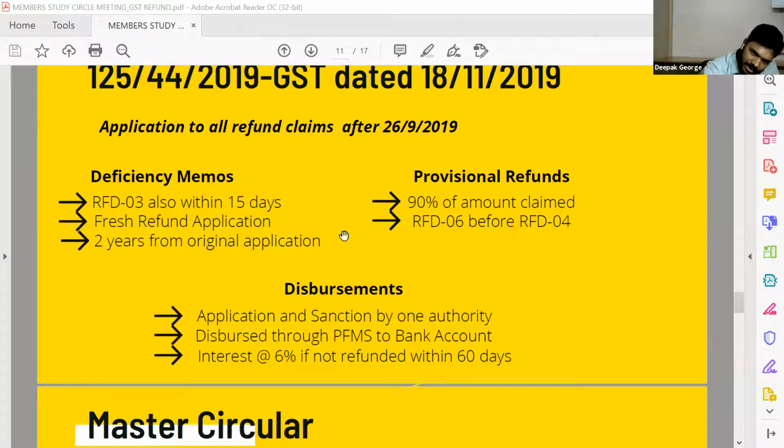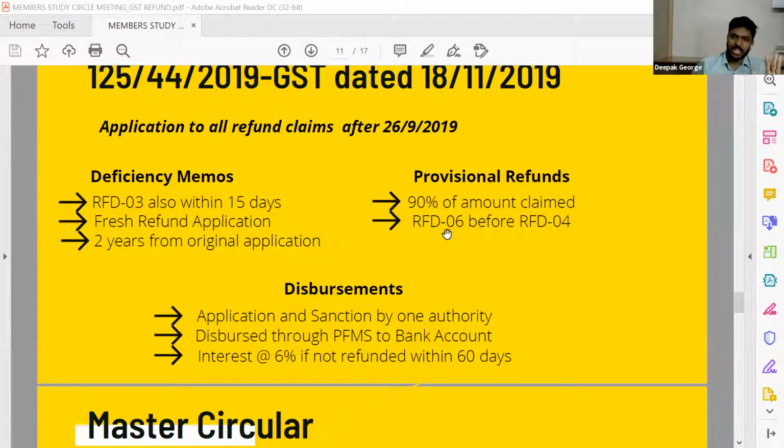Coming to provisional refunds, as I told you, 90%. The circular says that the officer, please give 90% of the provisional refund if you find it all okay. Because what happens is, a good SSC will file a refund application with all prescribed documents, with all conditions fulfilled, with proof, with copies of all invoices, etc. And the officer will check all his boxes.